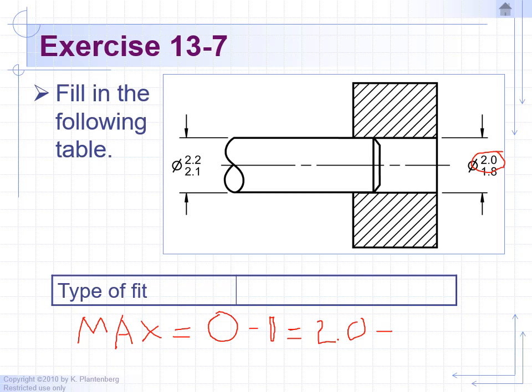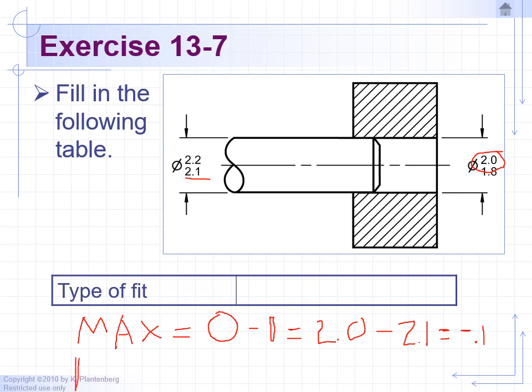And we're going to subtract the smallest shaft allowed. The smallest shaft allowed is 2.1. And we're going to end up with a negative 0.1 for our maximum.